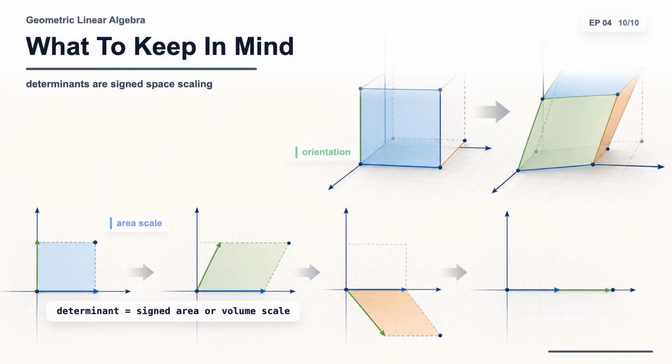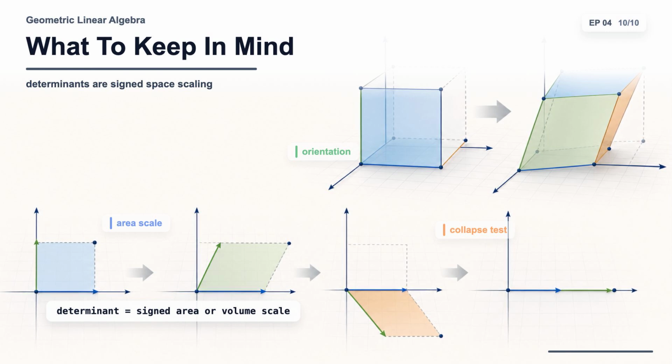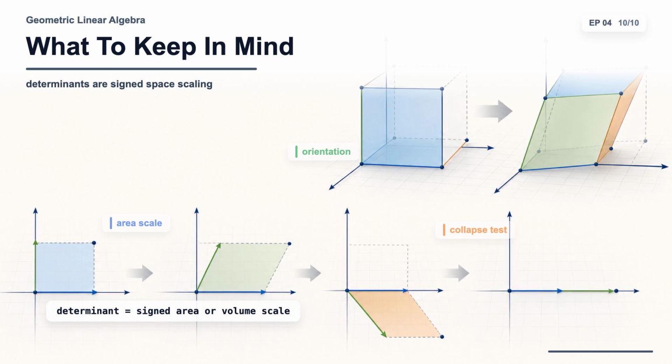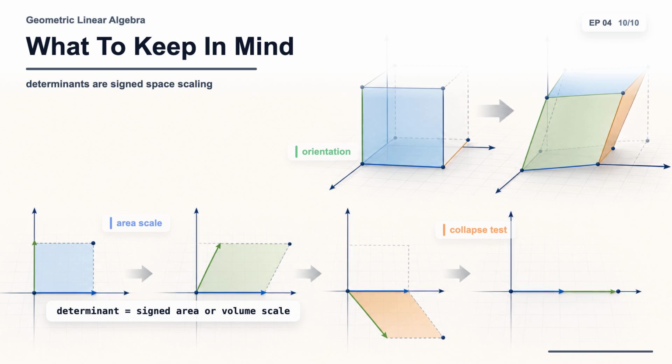Here is the core picture to keep. The determinant measures how a linear transformation scales area in 2 dimensions and volume in 3 dimensions. The absolute value gives the scale factor. The sign records whether orientation is preserved or flipped. A 0 determinant means area or volume has collapsed completely, so the transformation is not invertible.